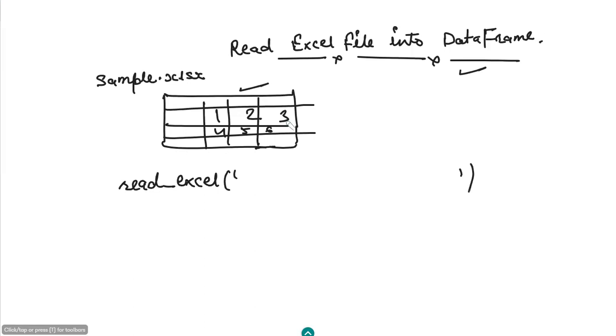Here we will give the path of the Excel file with extension XLSX, right? We will open that file into a variable file, this can be anything, and after that we will pass that file into a data frame. In that way we can load an Excel file into a data frame.